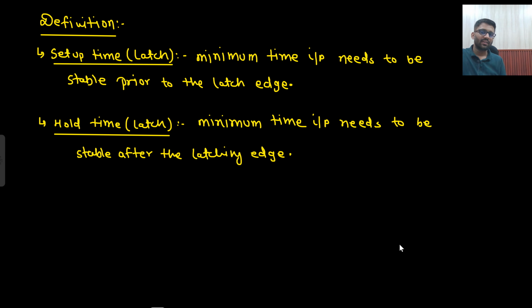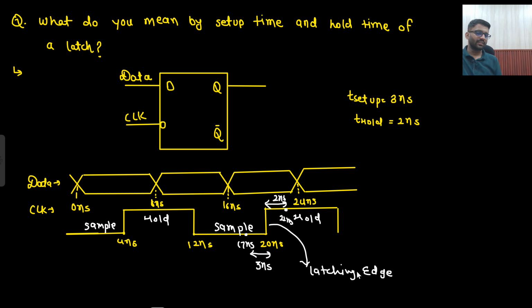This is the definition. What is the setup time of a latch? The minimum time input needs to be stable prior to the latching edge. And what is the hold time of a latch? The minimum time input needs to be stable after the latching edge. So here also there is no setup or hold violation.